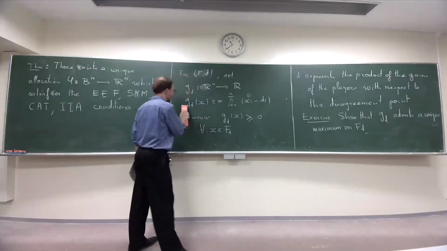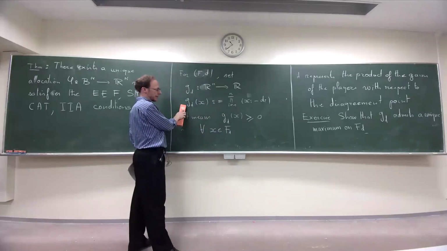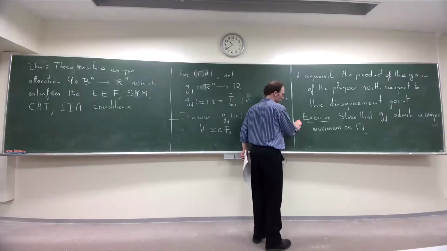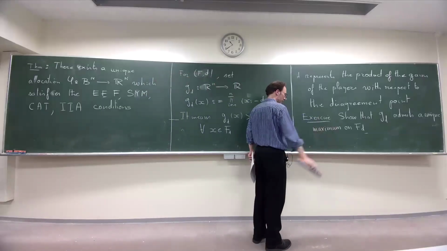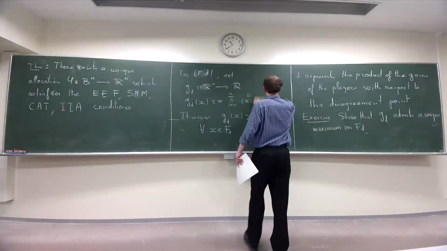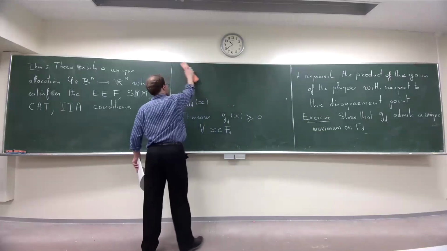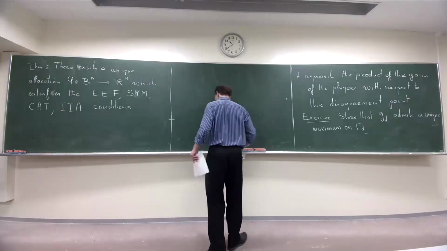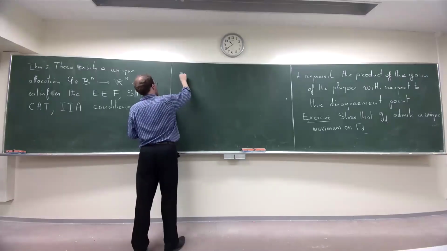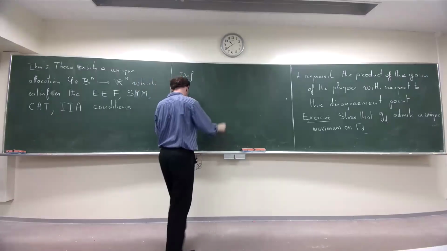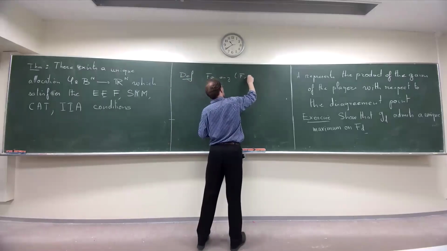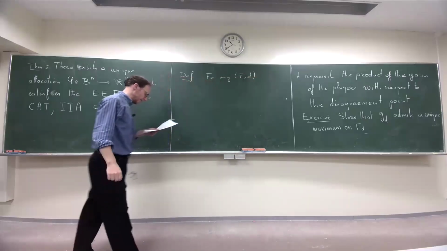In the first definition of GD, you don't see the set F. You only see this point D. But in this exercise, you see the set F, because the statement is that there exists a unique maximum of this function in the set FD. Okay, so if you have uniqueness, of course, you need a definition for any bargaining problem of FD.